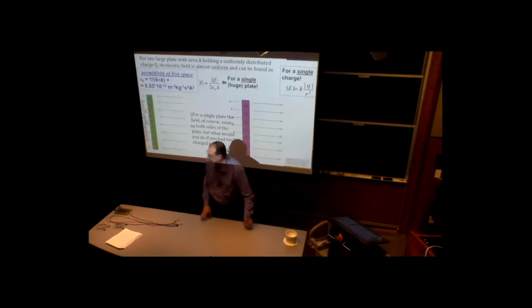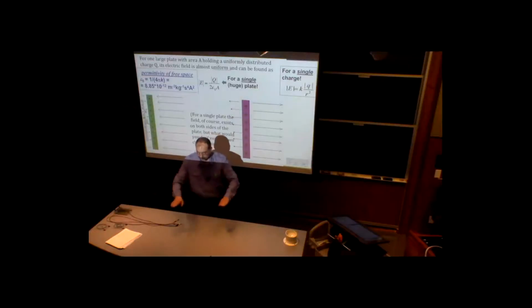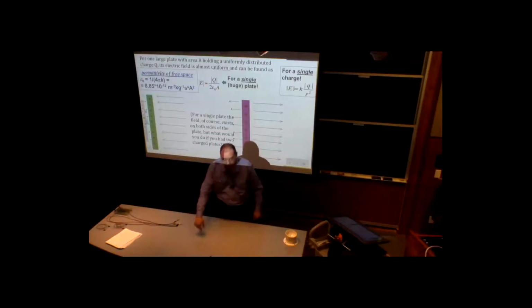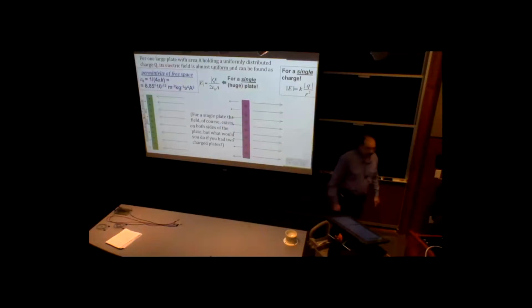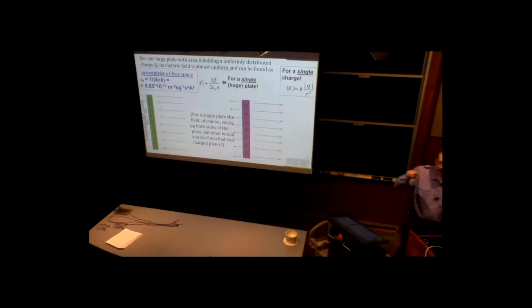It will not be uniform if we reach the end, the edges. In that case, we would observe the bending. But if we have a relatively large plate with a charge and we are relatively close to the middle point, electric field is uniform. And the strength of that electric field is related to the charge density, well, charge over area, charge density.